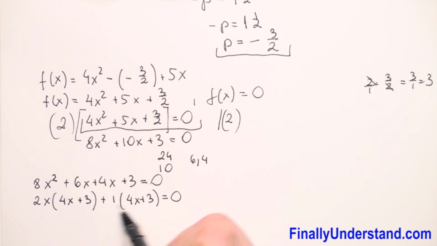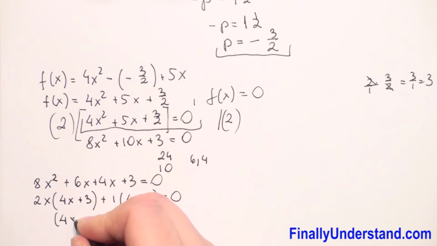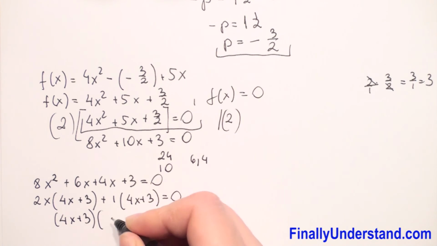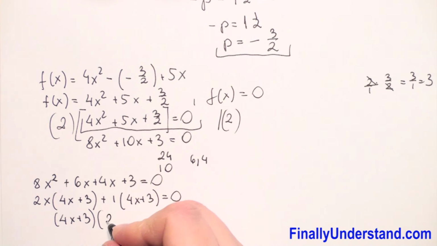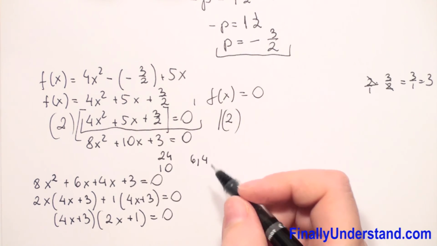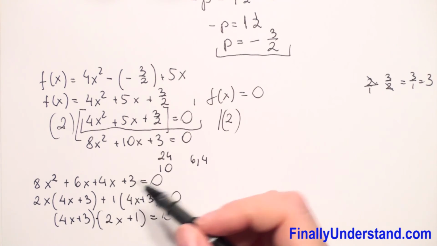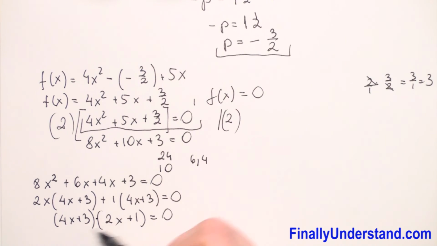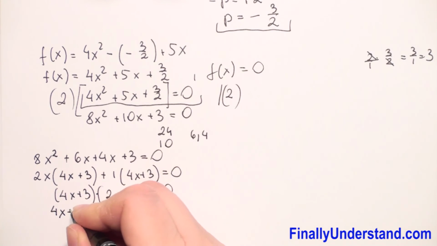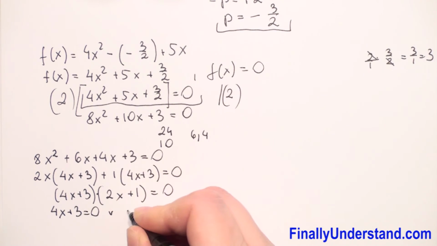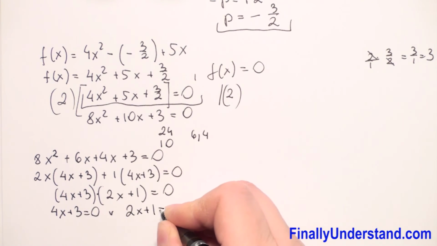So now we can factorize 4x plus 3, and in the second parenthesis we will have whatever is left. So this is 2x and plus 1. This is equal to 0. Now on the left side we have a multiplication. When will this be 0? When 4x plus 3 is 0, or 2x plus 1 is 0.